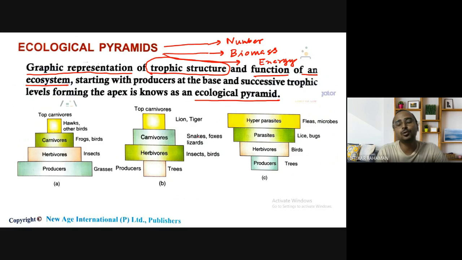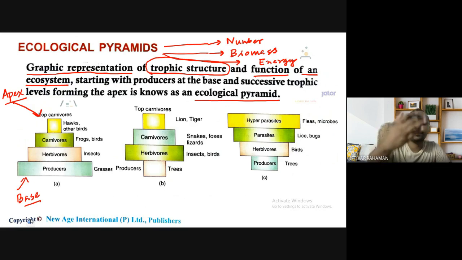So there are two significant parts of this ecological pyramid. Listen carefully. This is the top of the pyramid. The top of the pyramid is known as apex. And the bottom of the pyramid is known as base, right? The bottom of the pyramid is known as base and the top of the pyramid is known as apex.